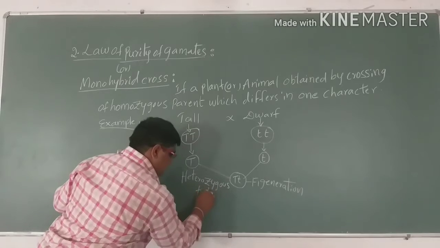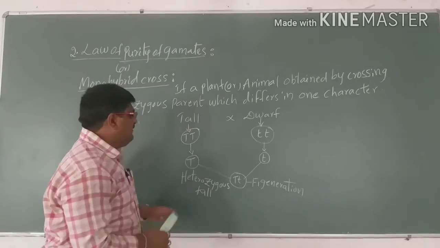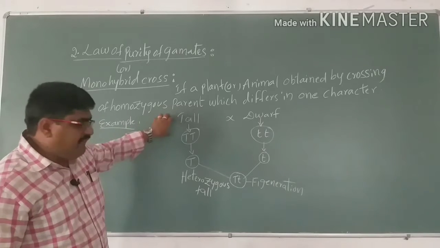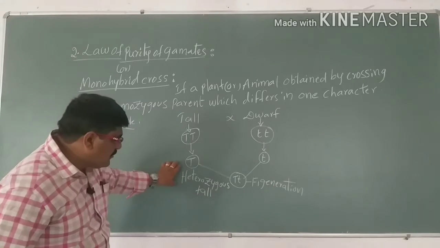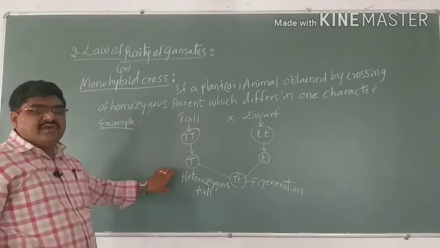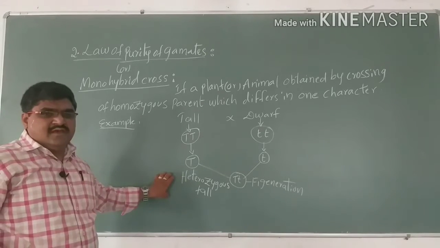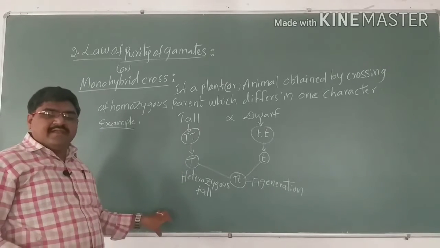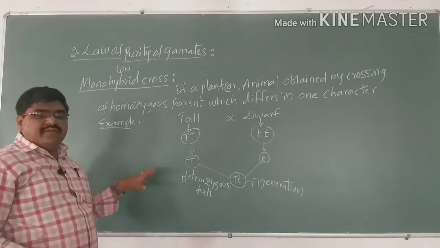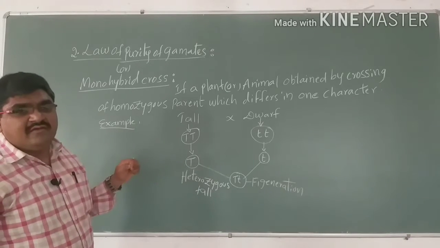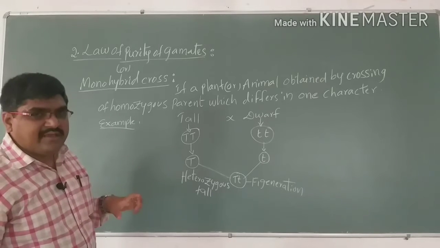tall character. That means when two homozygous parents are crossed, in the F1 generation we produce a heterozygous tall character. When this heterozygous tall character is self-bred, then in the F2 generation we get the phenotypic as well as genotypic ratios.